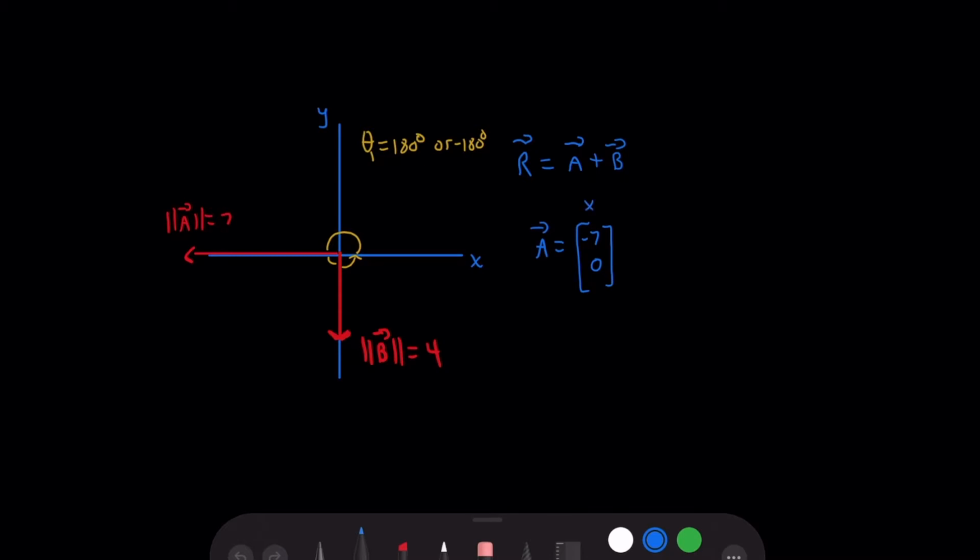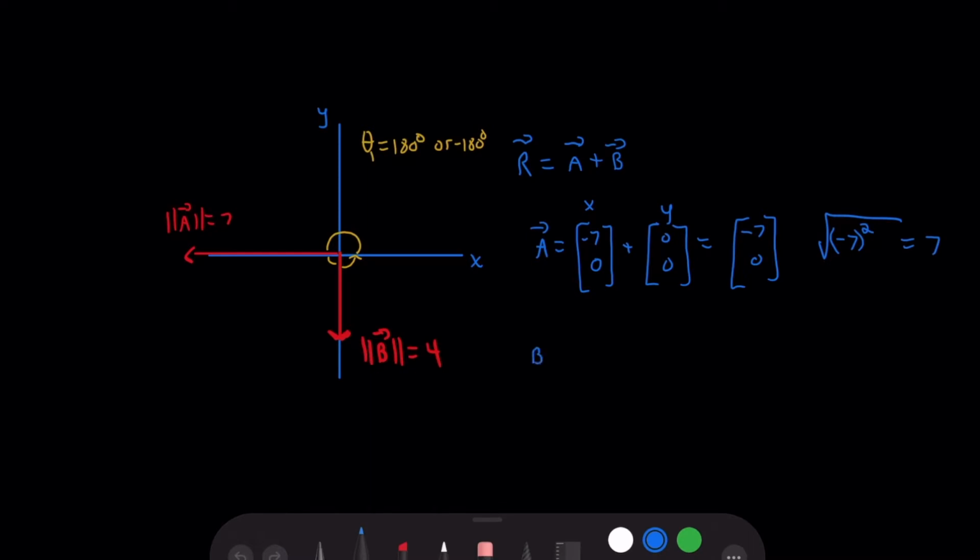This is the x portion. And the y component of a is just the 0 vector. Hence why when we add these together, we are just getting negative 7, 0. And the magnitude of that is just going to be 7.